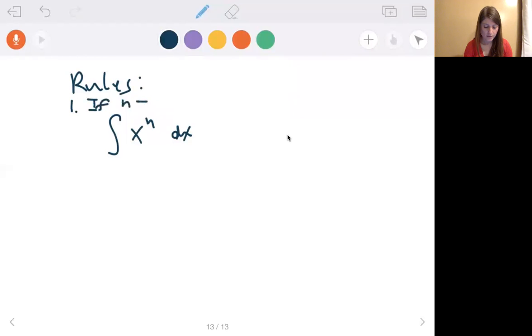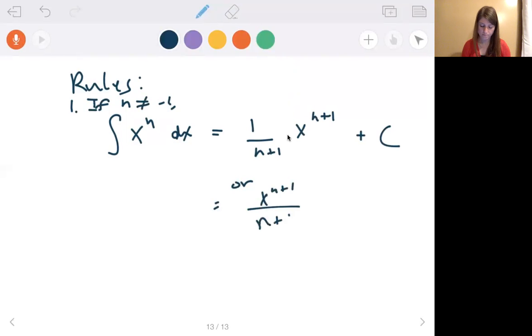So if n is not equal to -1, then our power rule for integrals says we have 1 over n plus 1, x to the n plus 1. Or we could also rewrite this as x to the n plus 1 over n plus 1.